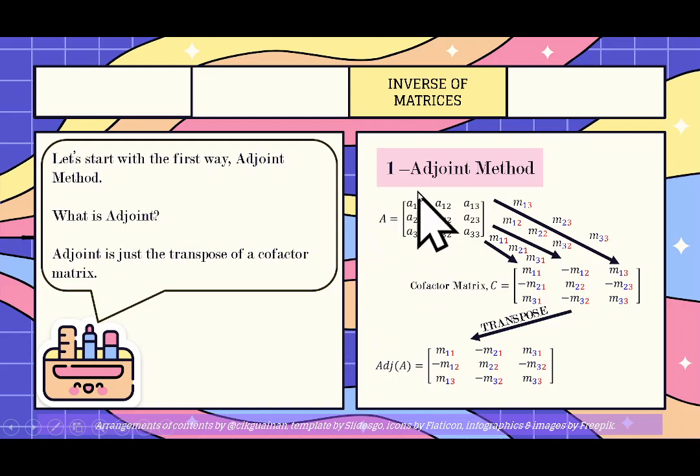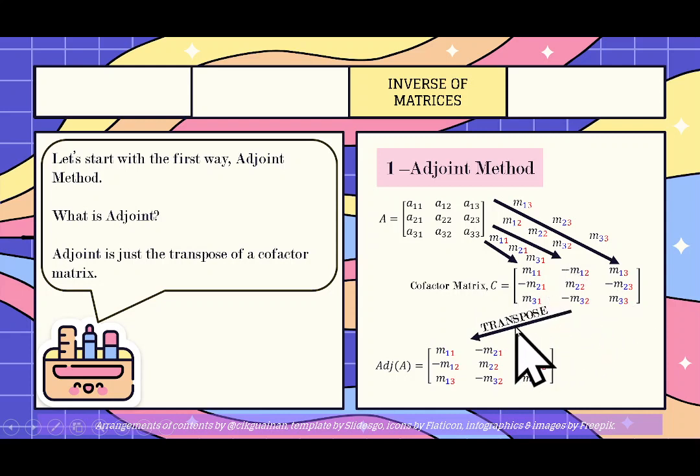We have a matrix A over here. We get all the minors from the matrix, and then we put them nicely according to their place inside a cofactor matrix, along with the negative sign.